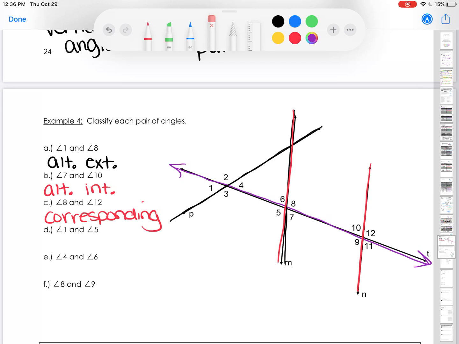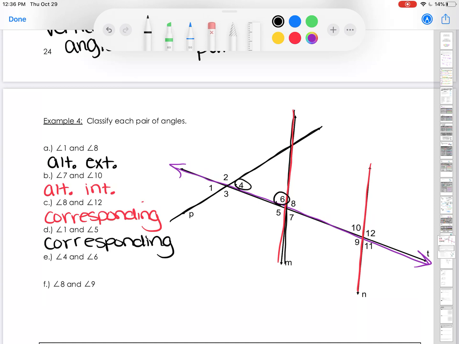All right, 1 and 5. We're back to just the 2 lines on the left. So 1 and 5 are also corresponding angles. They're in the same relative position in that bottom left corner. All right. The next we're looking at is angles 4 and 6.